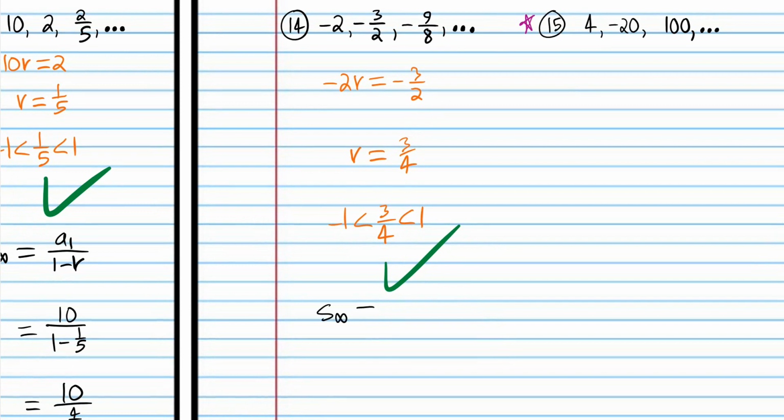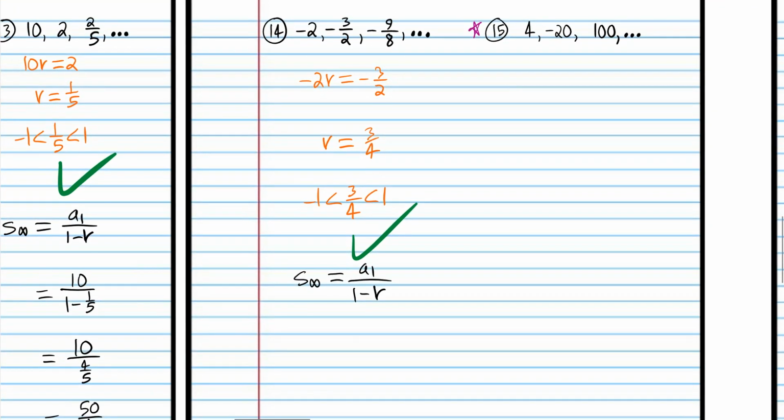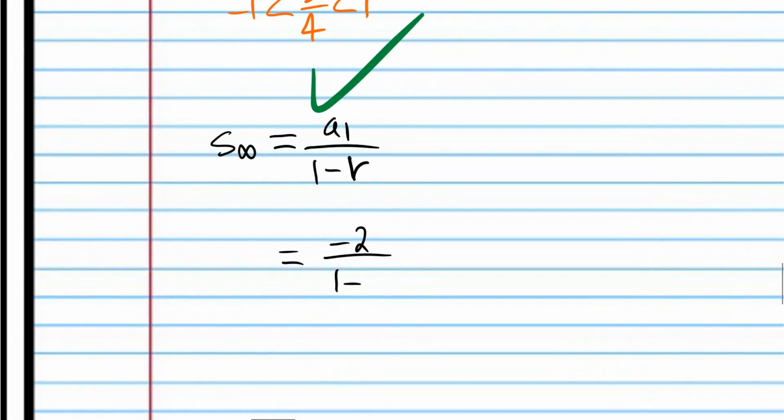So the sum is equal to the first term divided by 1 minus the common ratio. The first term is -2, and the common ratio is 3/4.